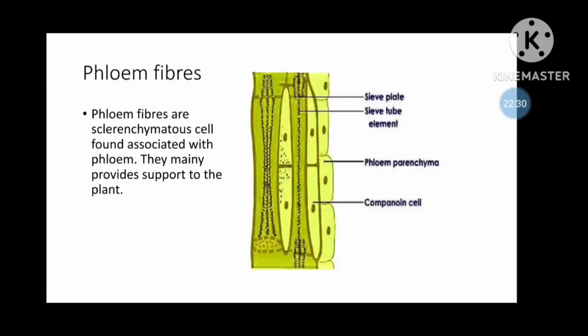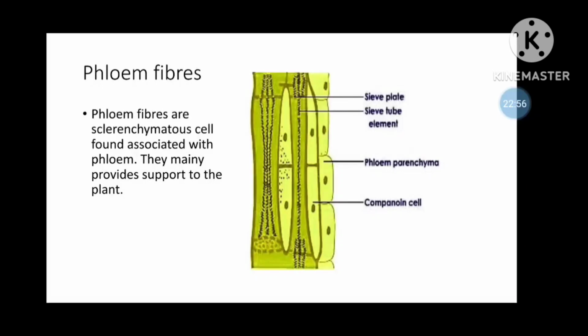I have told you that this phloem is mainly involved in the transportation of food materials. Means the transportation could take place in both directions. Right? From lower to higher or from higher to lower.